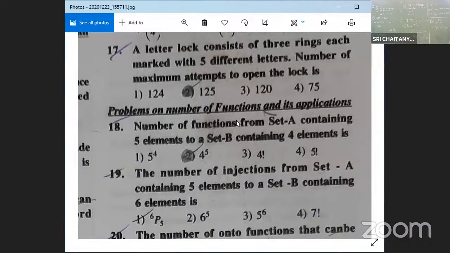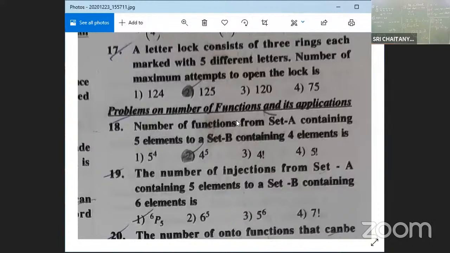That means there are 3 rings, right? Each ring can be turned 5 times as it is up to the matching of that number. So 5 into 5 into 5, which is equal to 125.